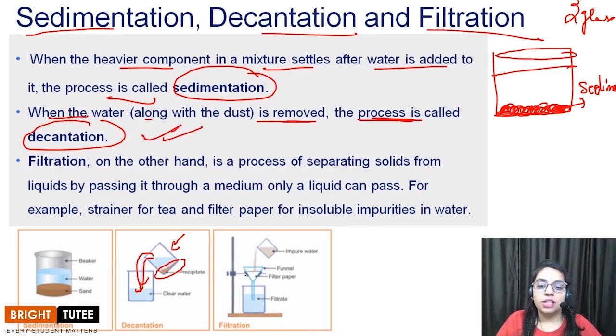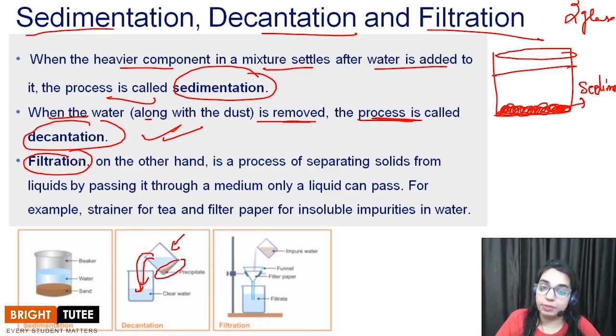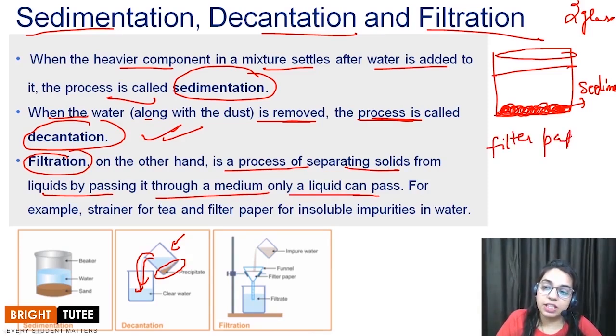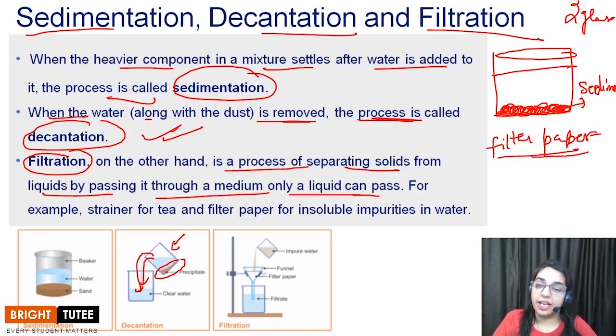After this children, you will observe that even after decantation, the sand has some amount of water in it, right? And how can we now separate this mixture of sand and water? We can separate it by the process of filtration, which is a process of separating solids from liquid by passing it through a medium through which only a liquid can pass. For example, we can use a filter paper. We will discuss this activity in detail in the next activity.